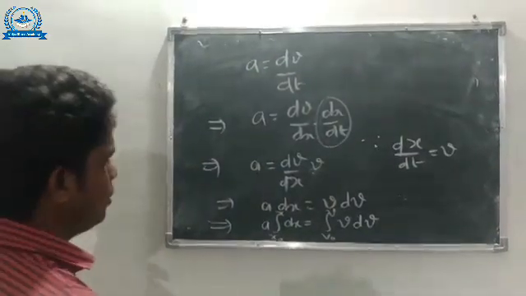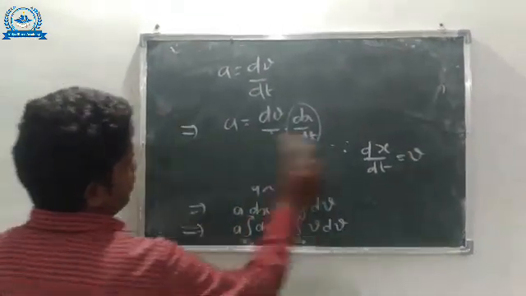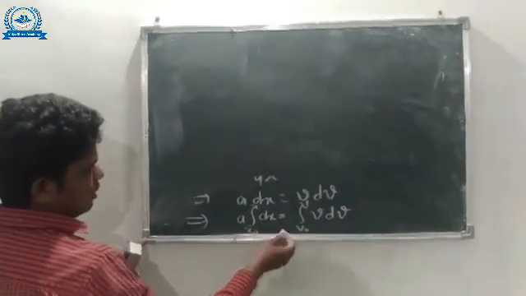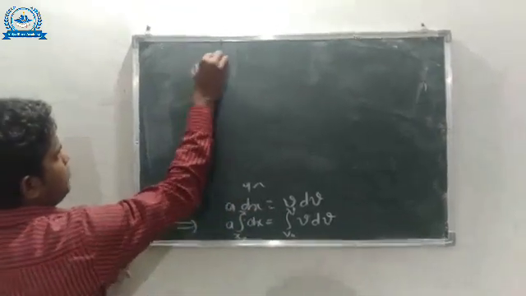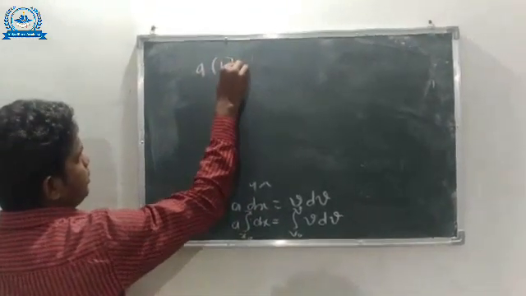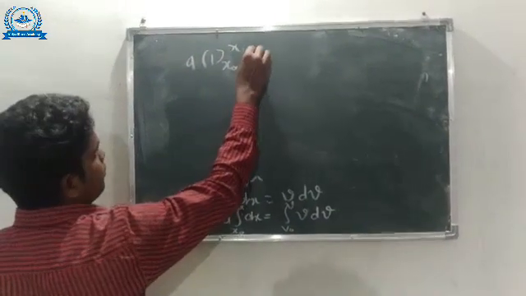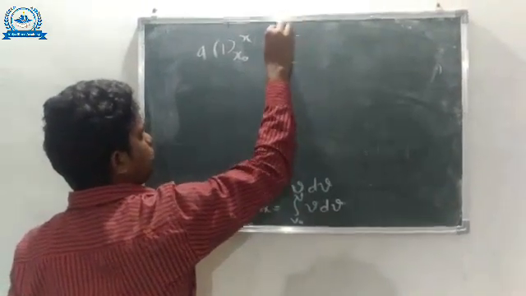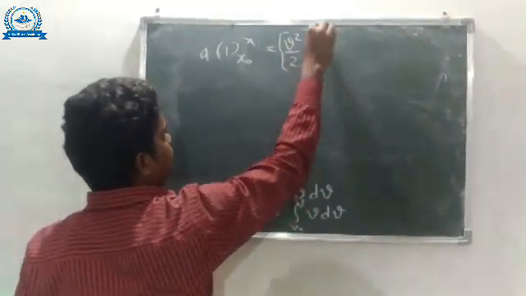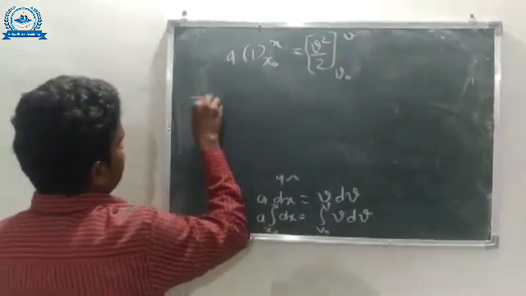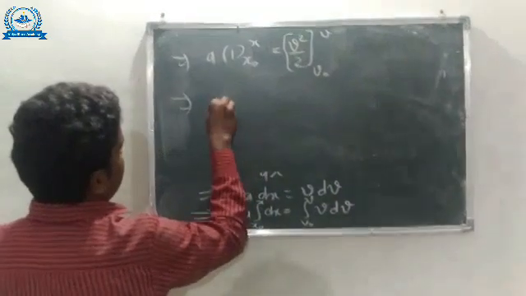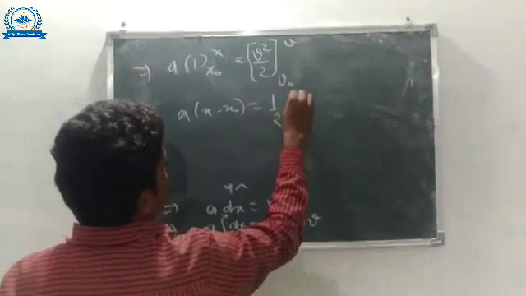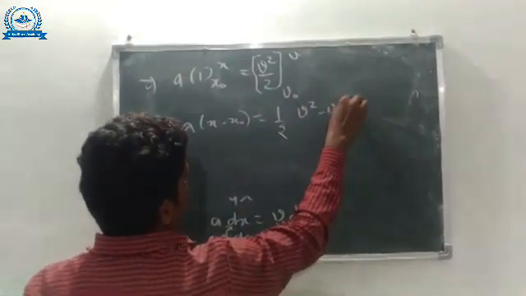Okay, now solving this equation furthermore, since there is no function, the integral of dx is x from x0 to x, and this is v square by 2 from v0 to v. Solving this furthermore, you will get a times x minus x0 equals half times v square minus v0 square.